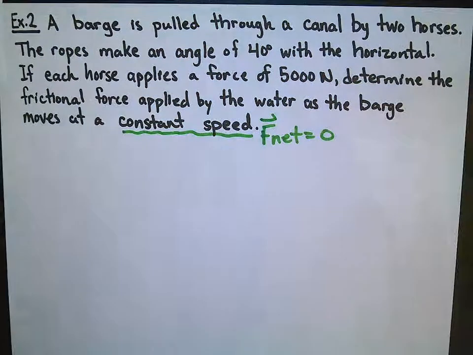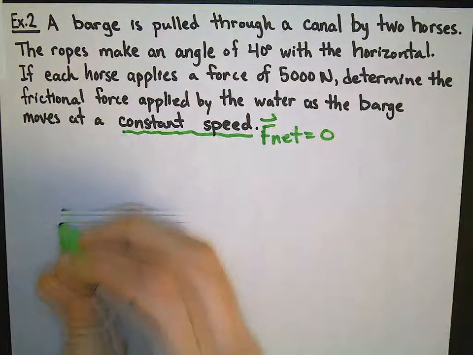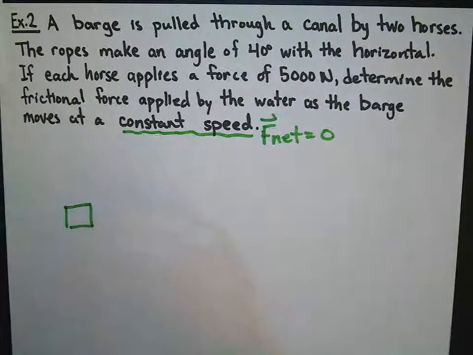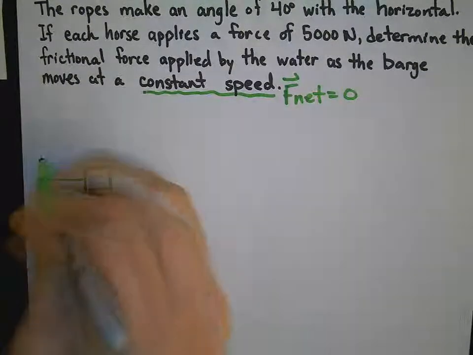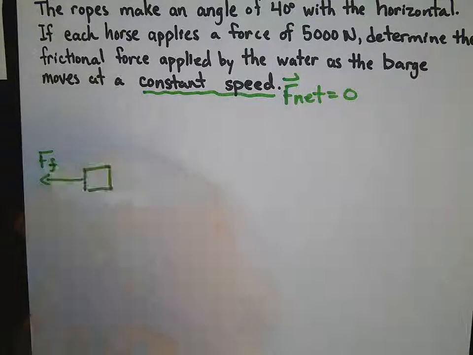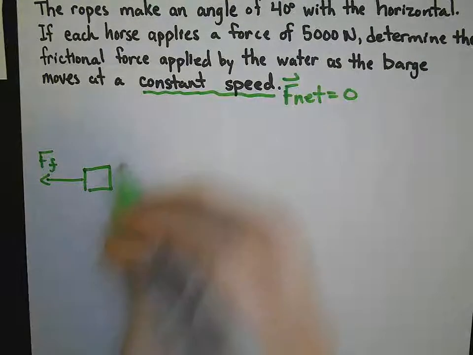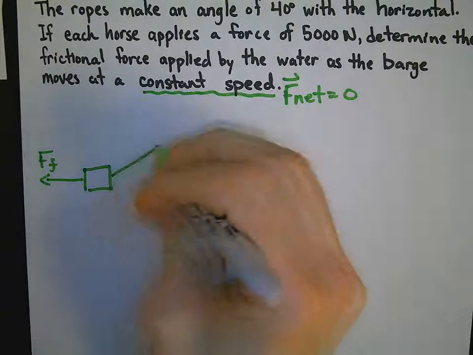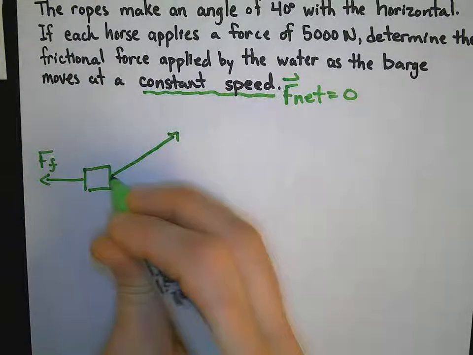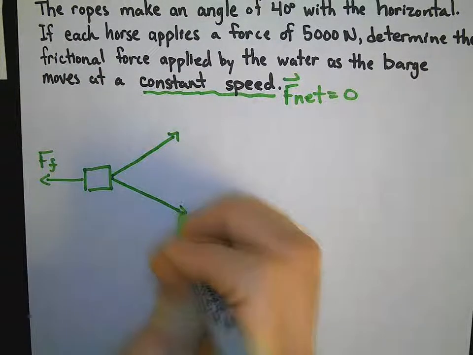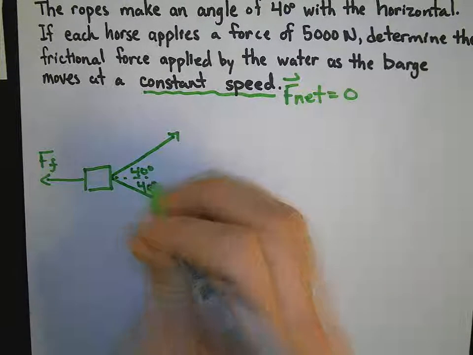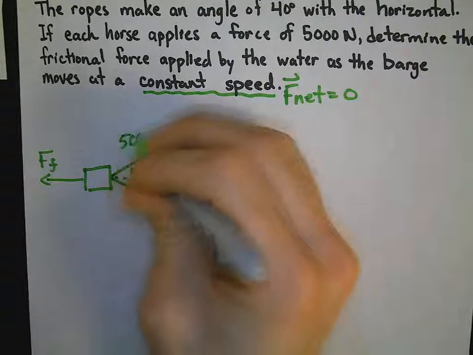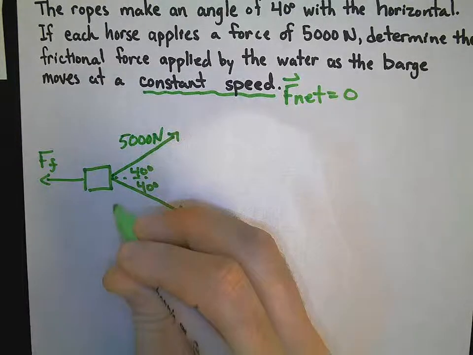So let us see what we would actually have in this case. We have our barge, which is going to experience some type of frictional force opposing the motion of the horses pulling at a 40-degree angle with the horizontal, of 5,000 newtons by each horse.